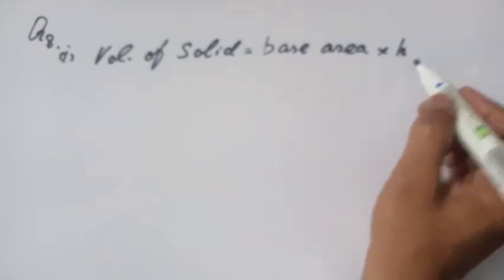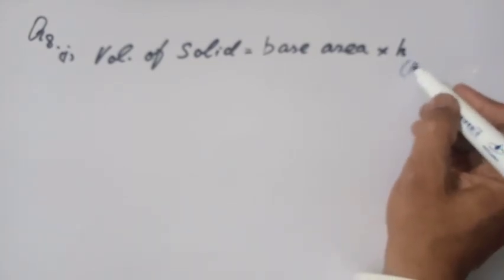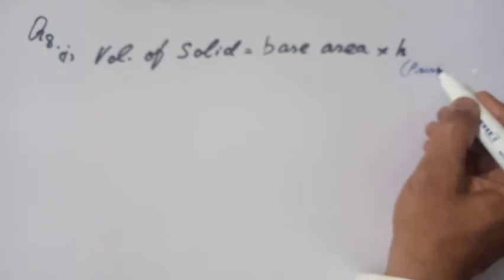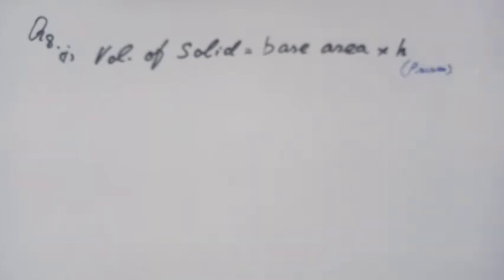Height of prism. Now we work it out. Base area क्या है? That is the area of the outer semicircle minus area of the inner semicircle.